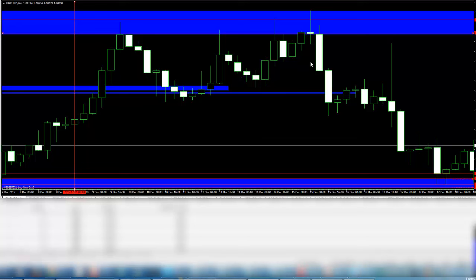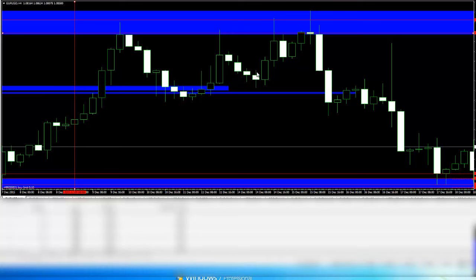So in a perfect situation, at hour 3, price is within the zone, and you will be able to take the trade within the last hour when price is in the zone.